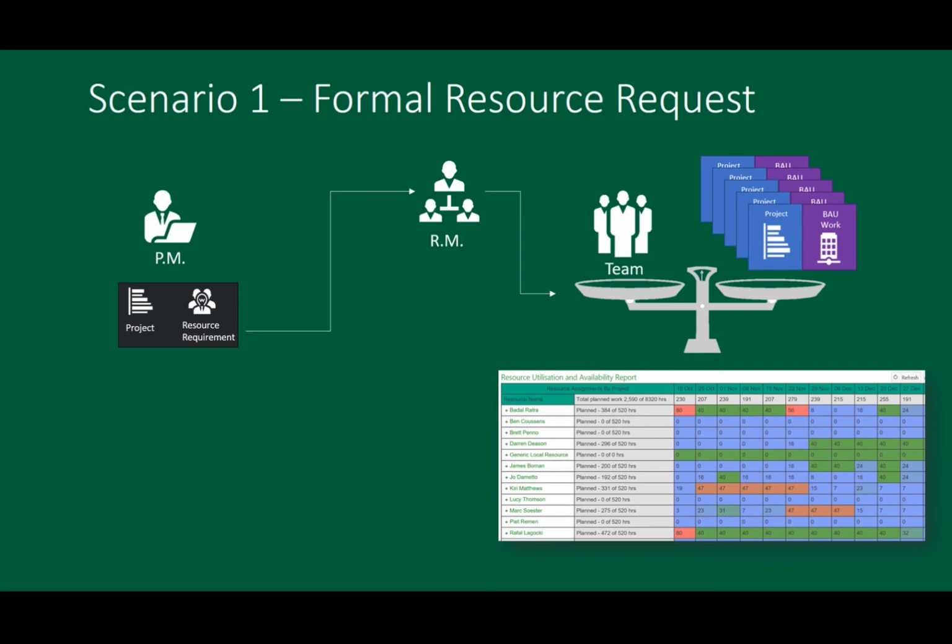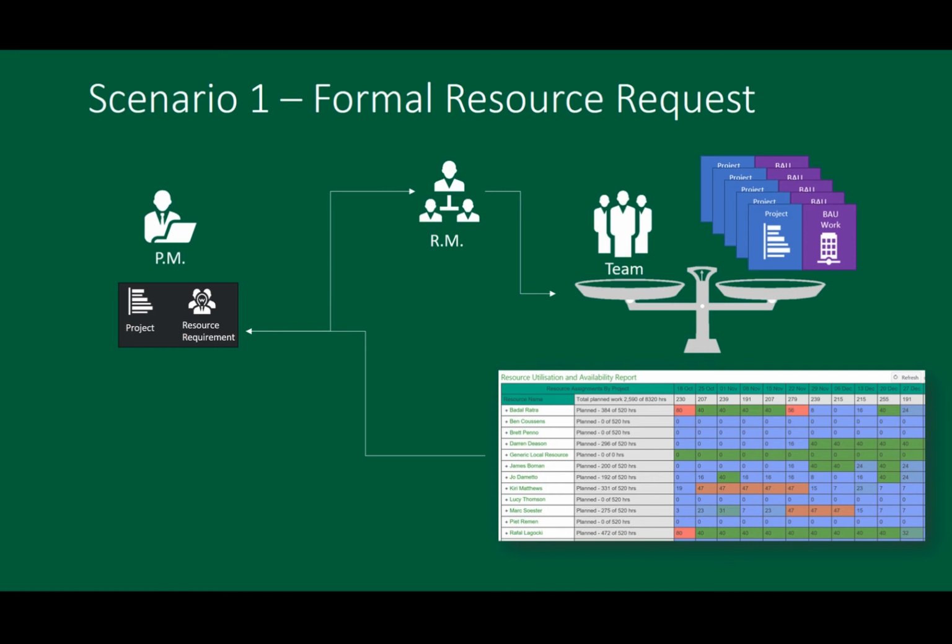That visibility can be in form of reports, of graphs, of things like a heat map that I've outlined here, so that I can very easily see whether my resource pool is over or under allocated. In my example down here, blue means under allocated, green means optimally allocated, and red means over allocated.